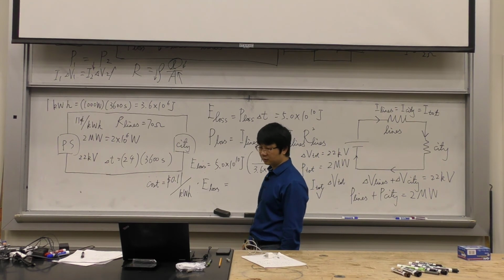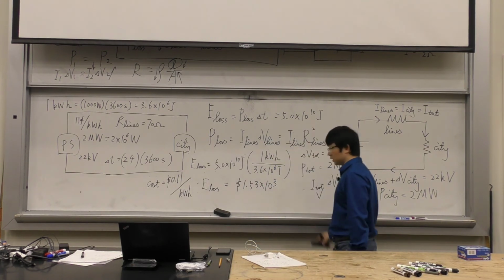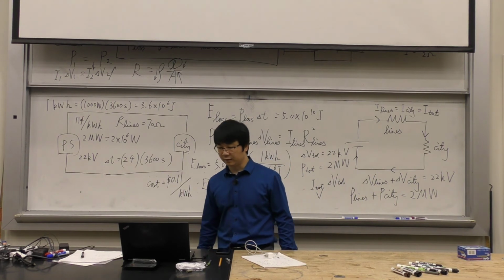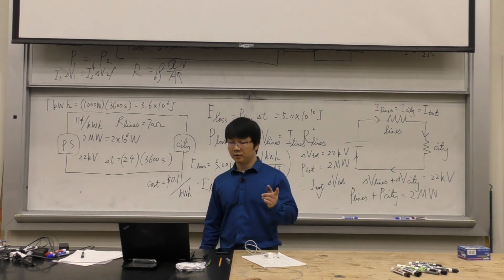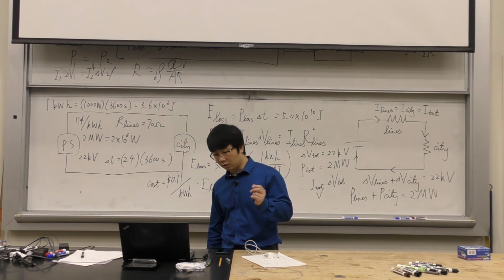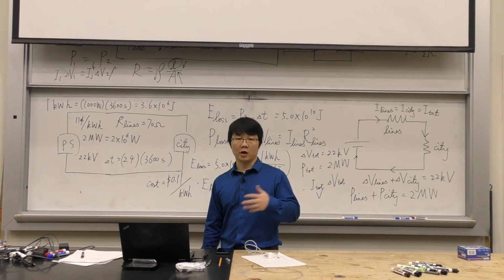So at the end, you will get this number. That means that's the cost of this energy wasted on these transmission lines in 1 day, right? In 1 day, it's going to cost more than $1,000, okay? And totally gone, down the drain.